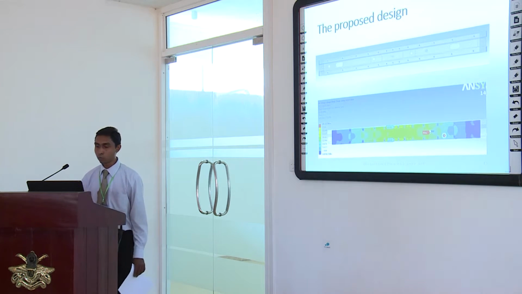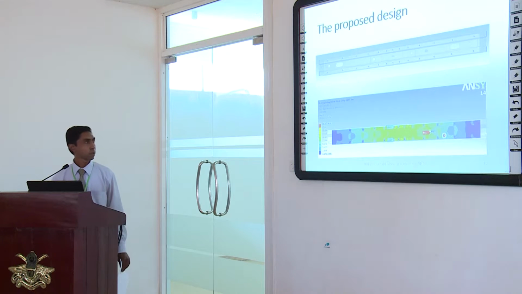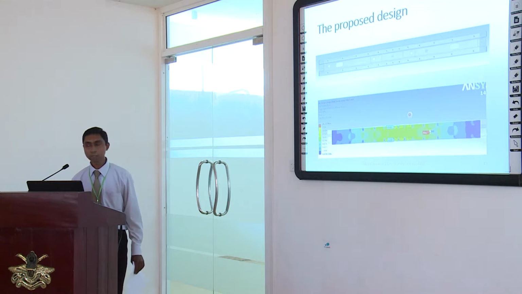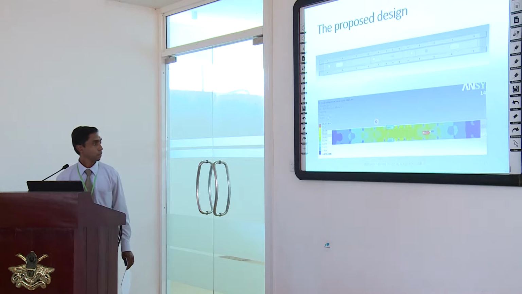After that, a new design was proposed. The highest stress area is this middle part, so in that area the number of weld points is increased, and the analysis was conducted again. From that, we could reduce one weld point, and the strength could be increased.